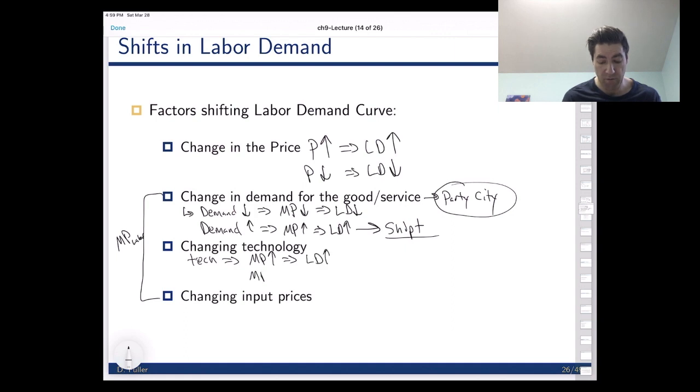If the technology, for whatever reason, makes you less productive, then labor demand is going to decrease. Changing input prices works in a similar way, which can make workers potentially more or less productive in terms of their value of the marginal product.